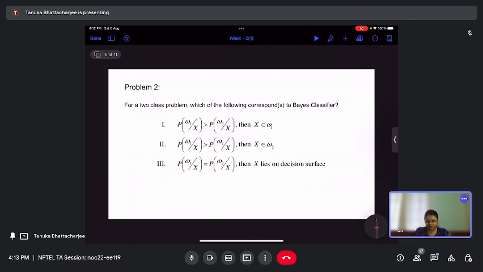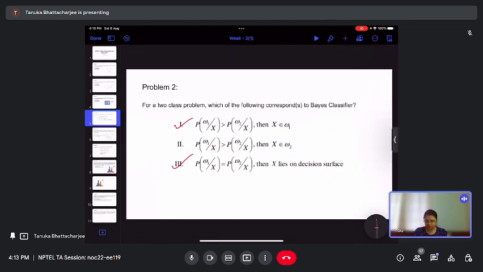That is achieved when you classify a pattern as belonging to class omega 1 if the posterior probability of omega 1 given the feature vector X of that particular object is higher than the posterior probability of omega 2. So this is correct. And when you have the posterior probabilities of both classes equal, then it lies on the decision boundary. So both 1 and 3 are correct answers for this.